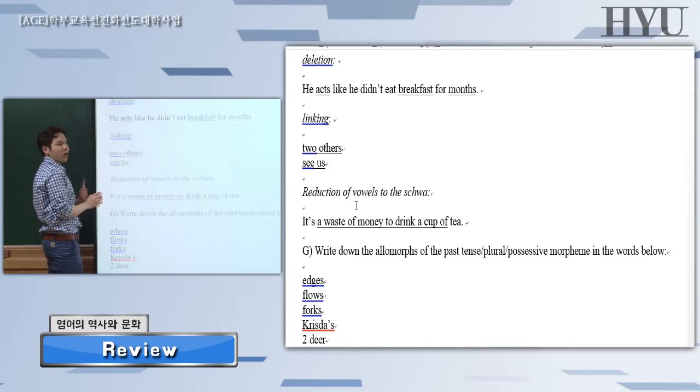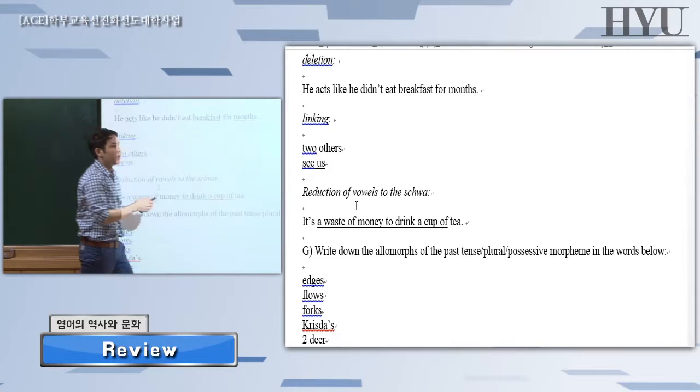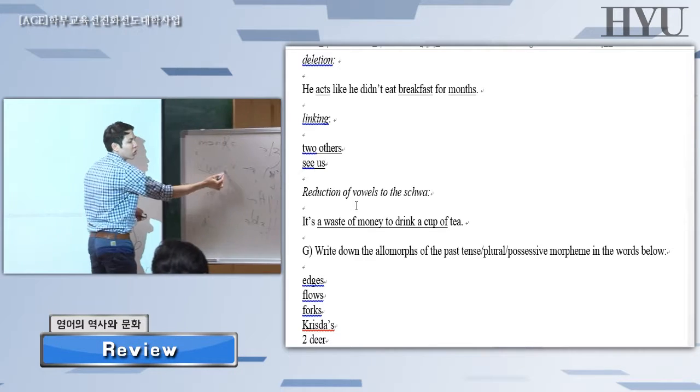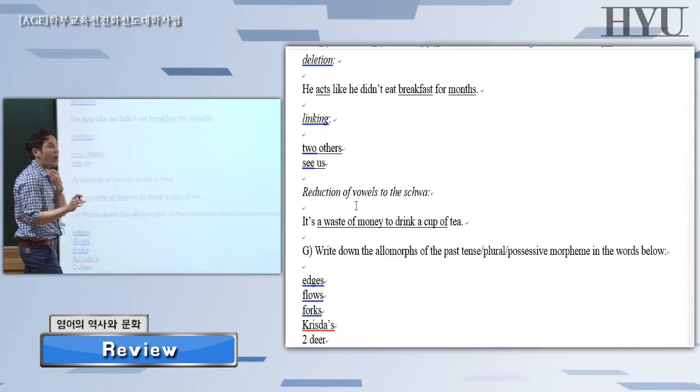So "two other", which one do we insert in there? W or Y? It depends on what you have as the preceding sound. If the preceding sound is a back vowel, like U or O, you put in W, because W is in the throat, it's back also.